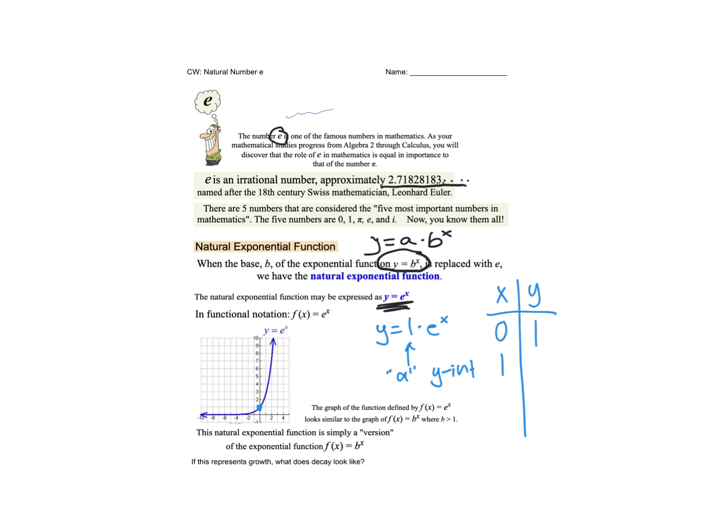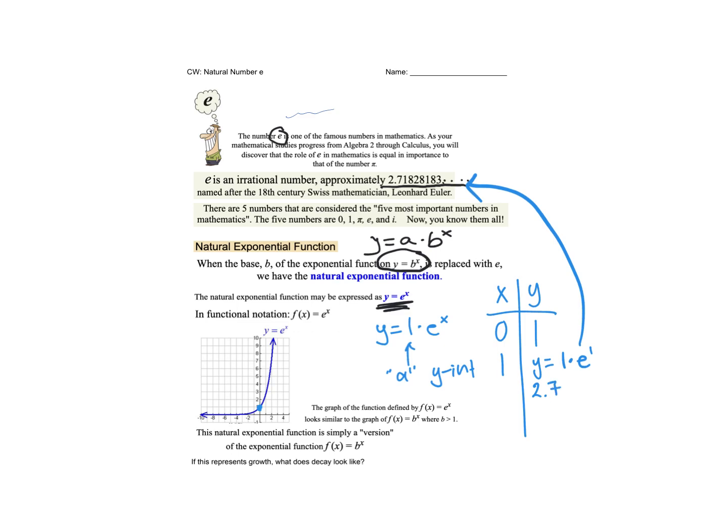And how is that going to look in our function? It's going to be y equals, because we have to figure out what y is, 1 times e to the first power. And again, we remember what e is. We're going to go back up here. E is 2.71, and so on. So I'm just going to simplify it as 2.7.